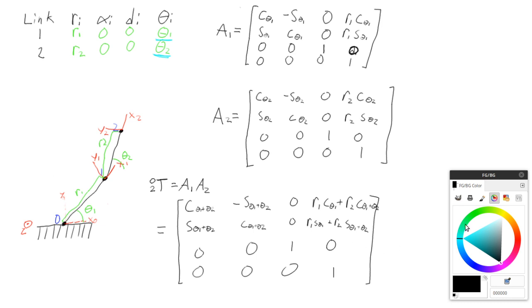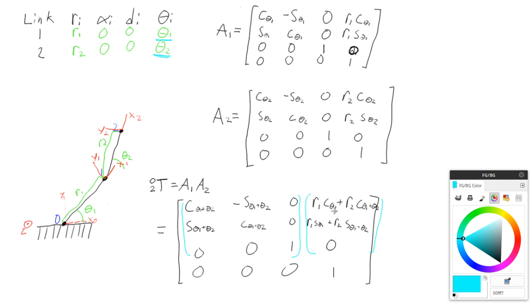Here, let's change my color. We're doing a little special thing here. This part is the rotation matrix, and this part is the translation matrix.